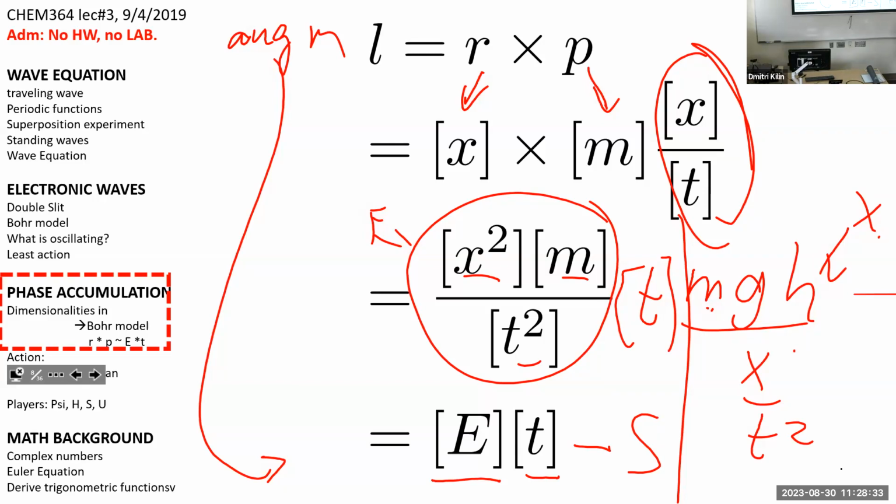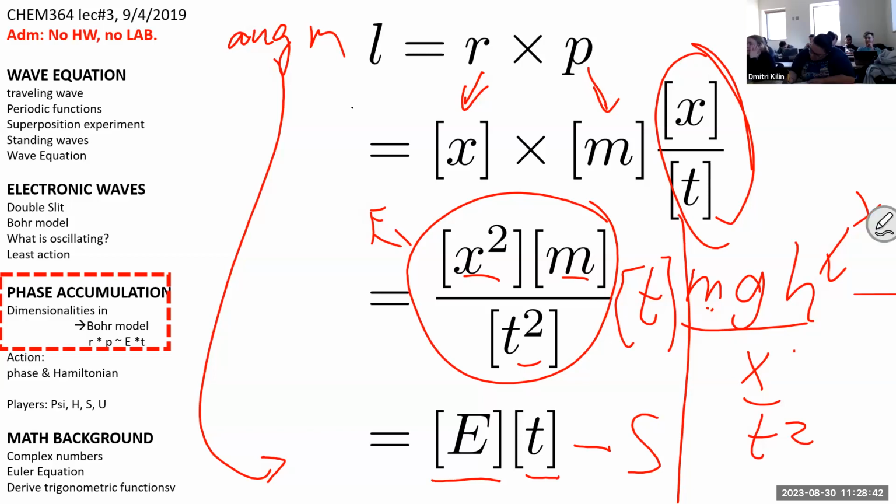If you believe in Bohr's model, right, then the stuff that accumulates along this revolving path is angular momentum, which defines the phase of the fringes in the Bohr model. So angular momentum is related to electronic waves.